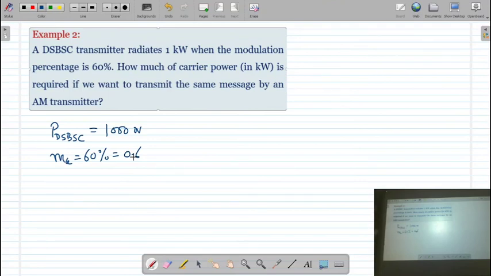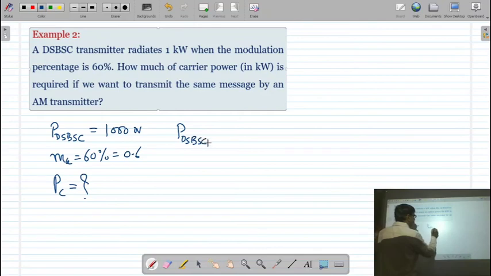How much carrier power is required if you want to transmit the same message by an AM transmitter? Means now you have to calculate what is the carrier power. And this one is simple, that PDSBSC is Ma squared by 2 into Pc.